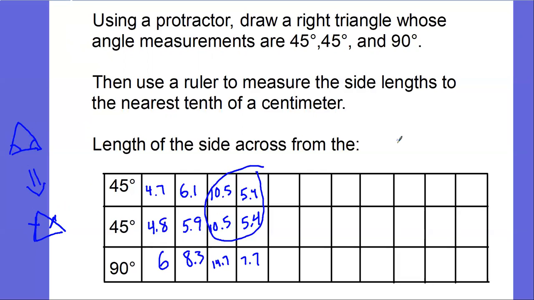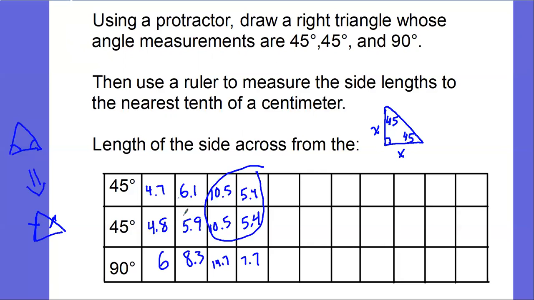So in general, for every single 45, 45, 90 triangle in the world, I am going to have some number across from the 45, and we'll just call that X to make it a generalization. And across from this 45 will be exactly the same. These two sides absolutely have to be congruent.